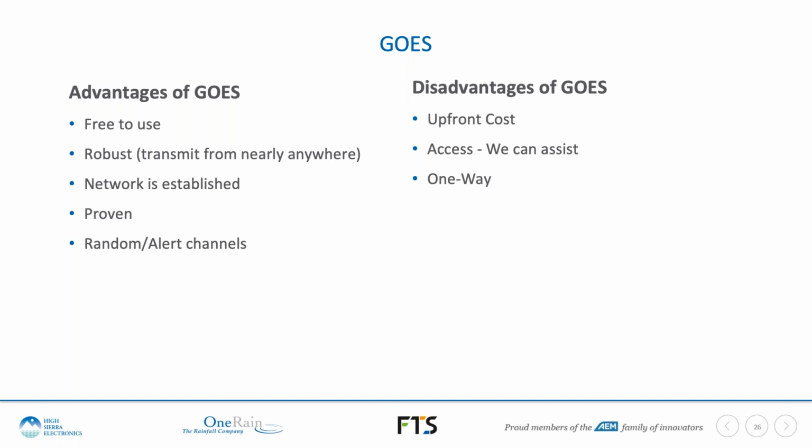It's been around for years and proven and established. The advantage again is the random channel as well, so if someone wants to transmit based on events, they can. A disadvantage is that the equipment, compared to some of the other telemetry options that we're talking about, perhaps has a bigger upfront cost. But again, it's free to use.